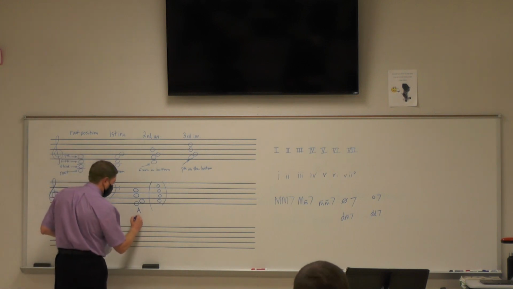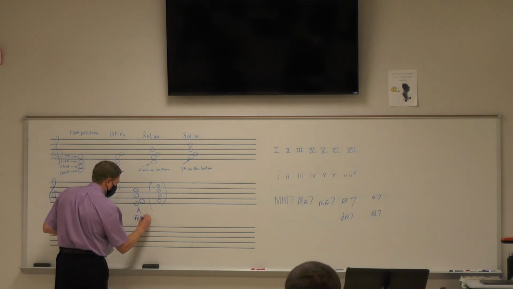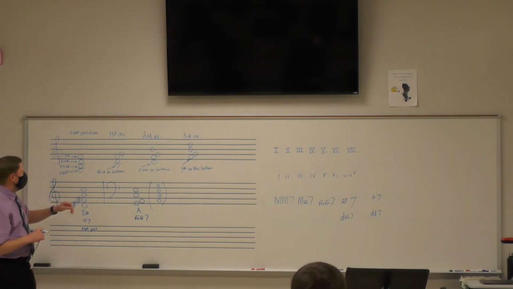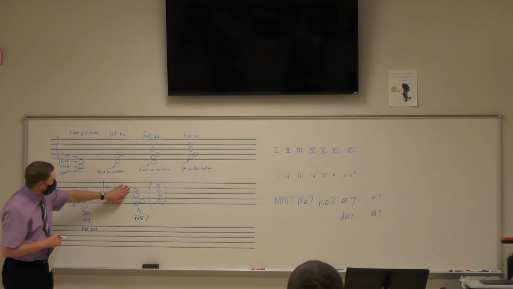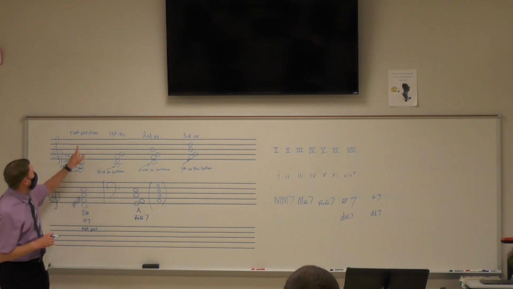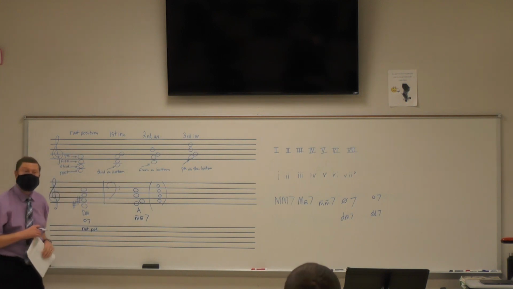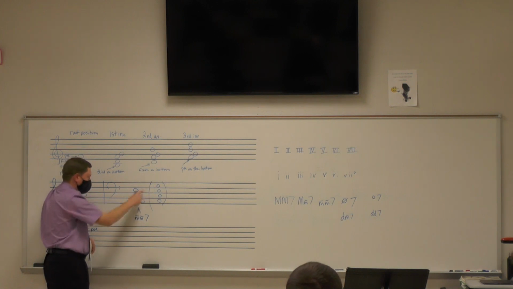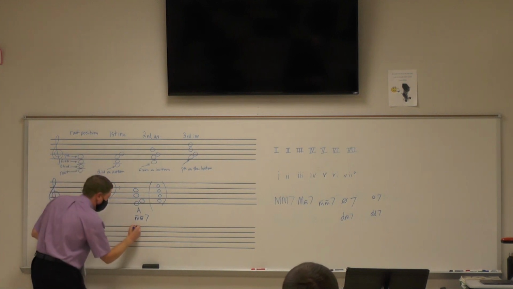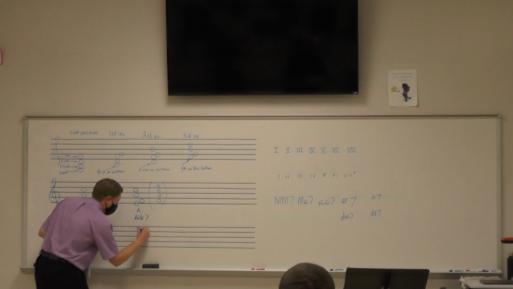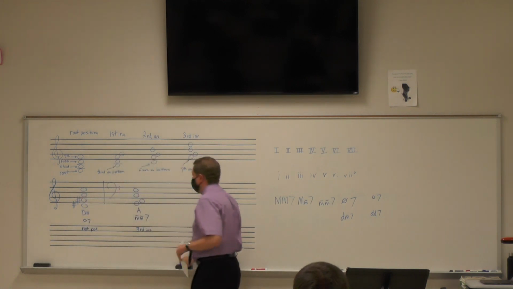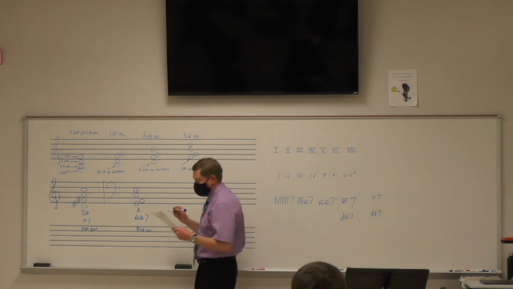Yep. That's right. And here's a good question. What bass position is this original chord in? 3rd inversion, that's right. The 7th of the chord, the G, is on the bottom. So that's 3rd inversion. Absolutely.